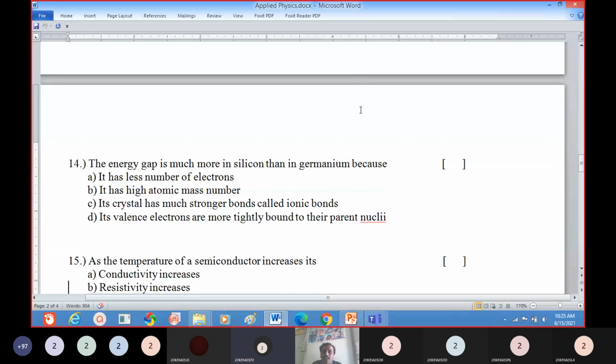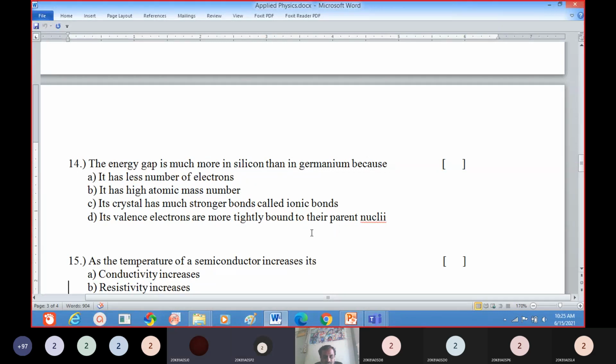Next, the 14th one. The energy gap is much more in silicon than in germanium, because what is the reason? Do you know that? Option A: its valence electrons are tightly bound to their parent nucleus.